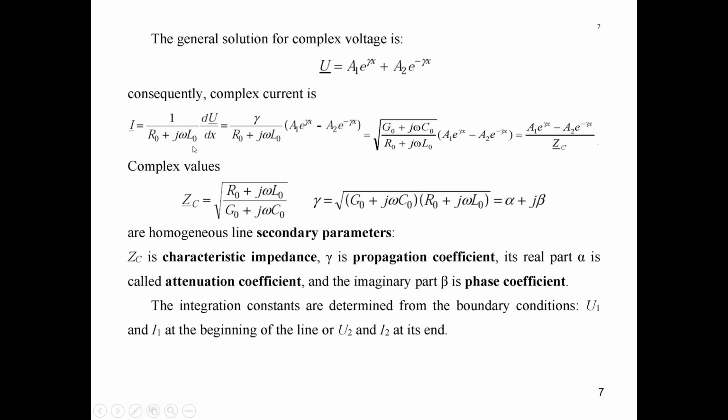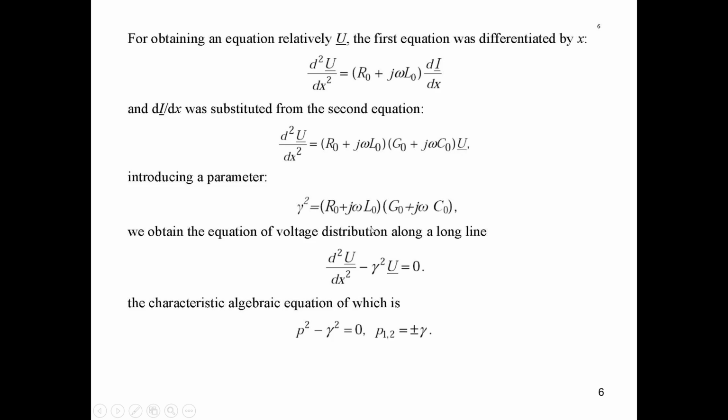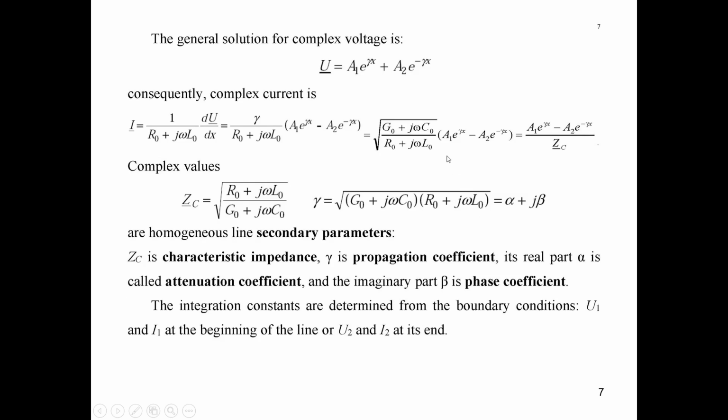Then we should differentiate u to get du by dx, and it is done here, and by rearrangement and substitution of gamma as the square root of R0 plus j omega L0 multiplied by G0 plus j omega C0, we get the equation for current in such a way, yes?